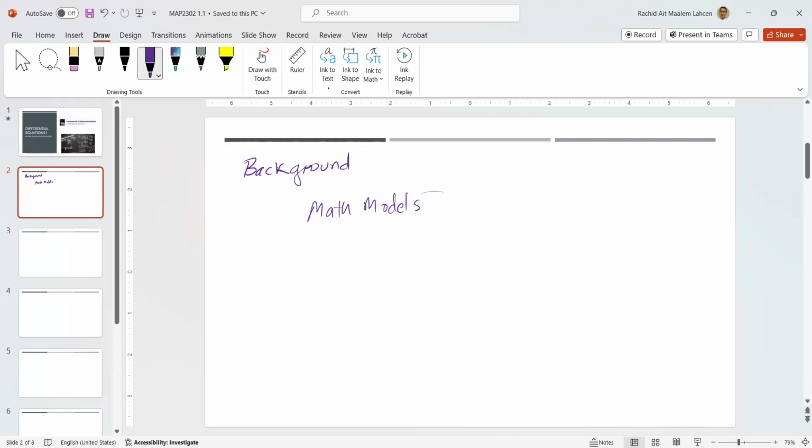I'll give you some examples of that. And that yields derivatives, or let's just say the derivative of a known function.